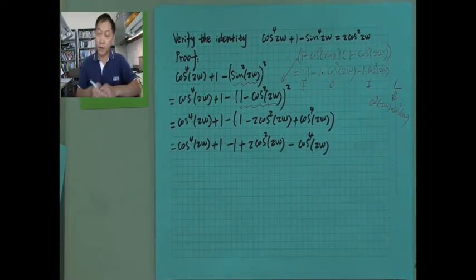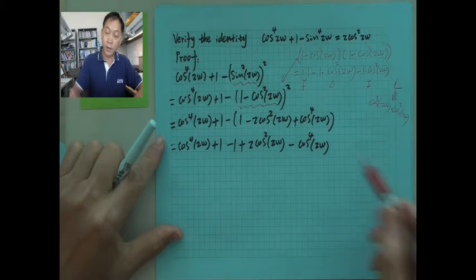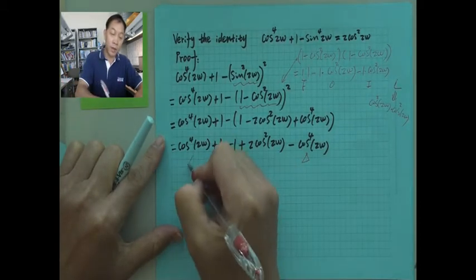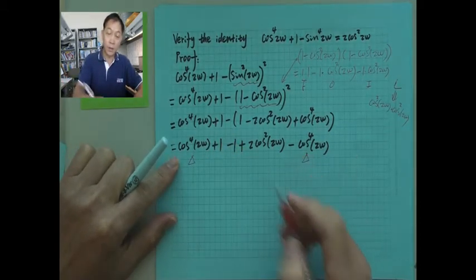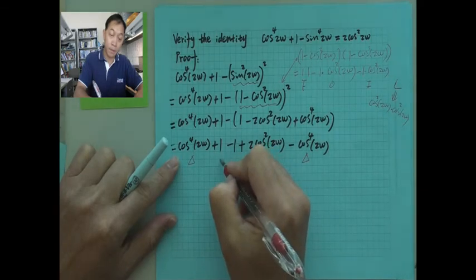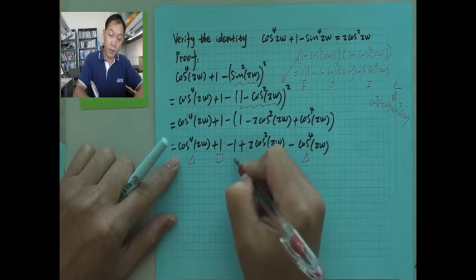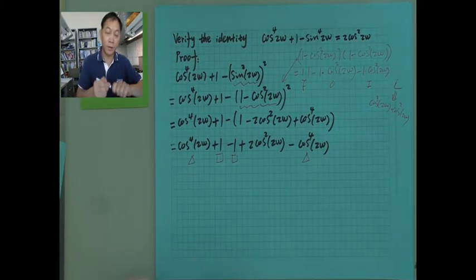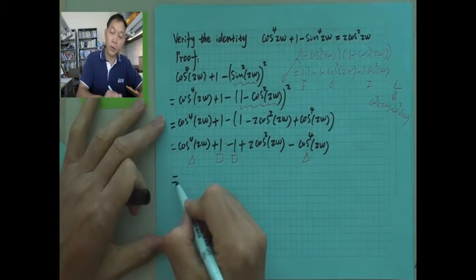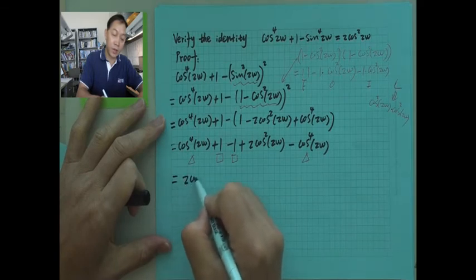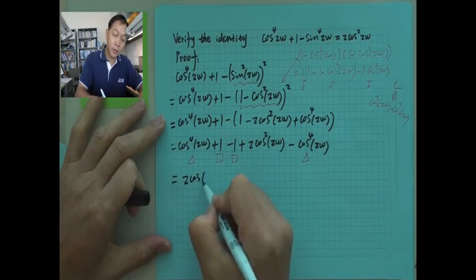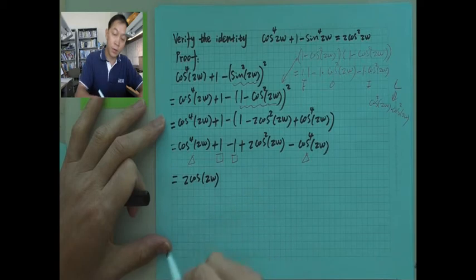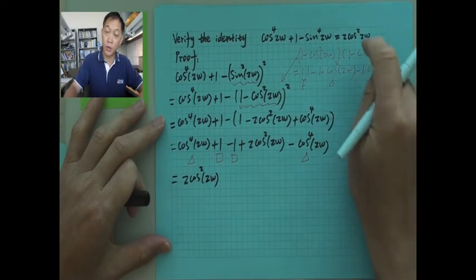Now look, what do you get? Those 2 are the same, but different sign. Those 2 cancel each other. So what's left over is this one. So copy it. 2 cosine 2 omega squared, which is the one over there.